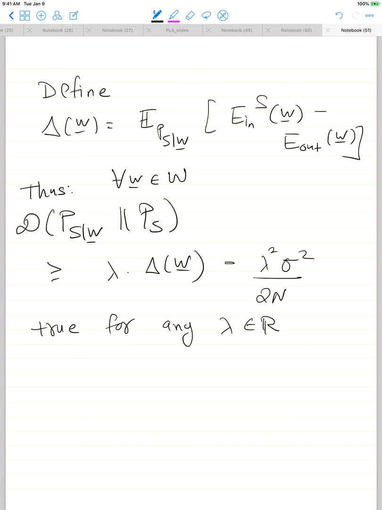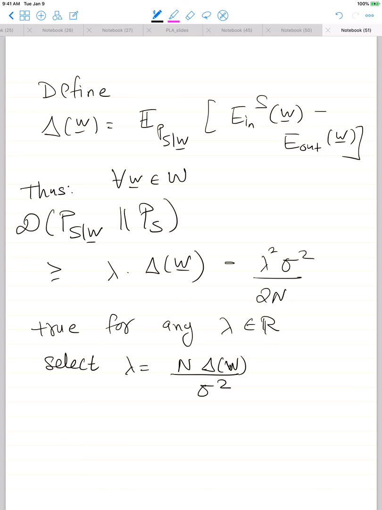And so in particular, we can optimize this and select lambda to be n delta of W by sigma square. If I take the derivative, set it to 0 and find the best lambda, I will get the tightest lower bound. It so happens that we need to set lambda to be n delta W by sigma square.